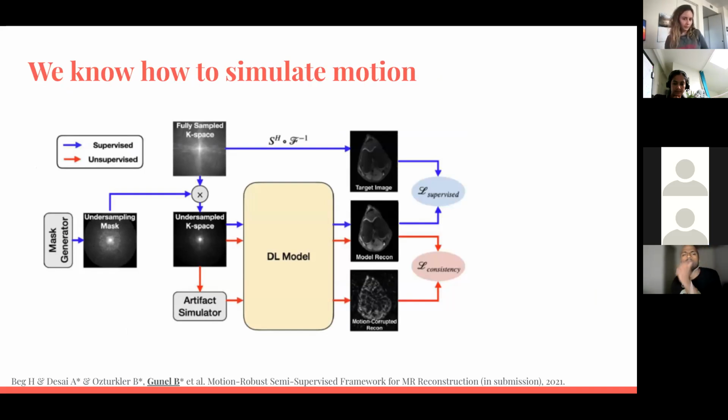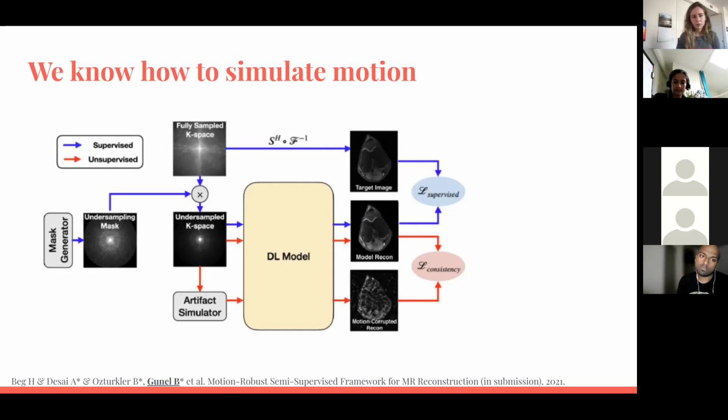This is a framework that they showed for different SNR cases, for different noise levels. We extended it to enforcing consistency between motion corrupted and not motion corrupted images. So this is the framework. Blue here is the supervised, which is your regular reconstruction pipeline, and red is the unsupervised one where you have undersampled k-space.